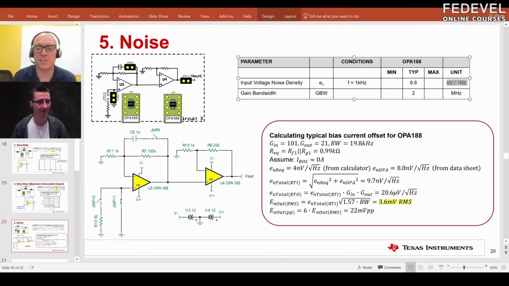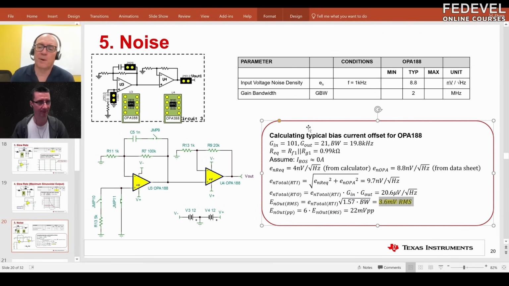That spectral density gets multiplied by the square root of the noise bandwidth of the part. The square root hertz over square root hertz cancels, and we just end up with the RMS noise in volts.